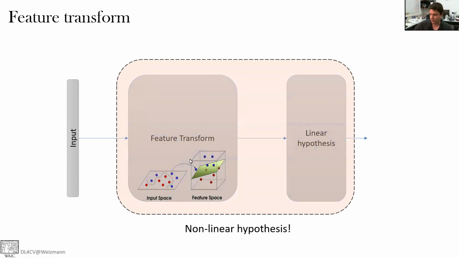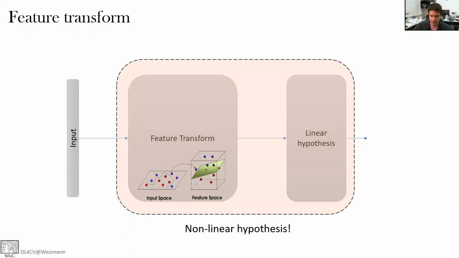I'm sure you all remember that we used this observation to perform a polynomial fitting. We used these polynomial features here, and then a linear hypothesis.